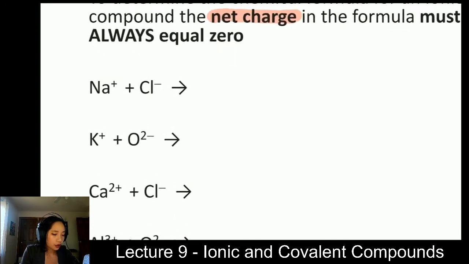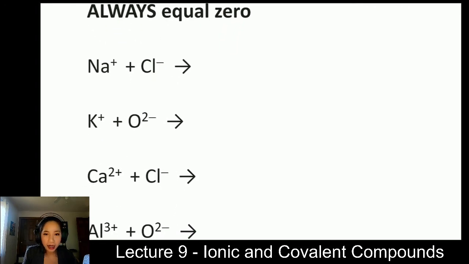So for sodium cation and chloride anion, it's quite straightforward. If you look at the charges here, sodium has a +1 charge, chloride has a -1 charge. So if I put together 1 sodium and 1 chloride, we just need 1 cation, 1 anion, and then that will equal 0 because +1 plus -1 equals 0.